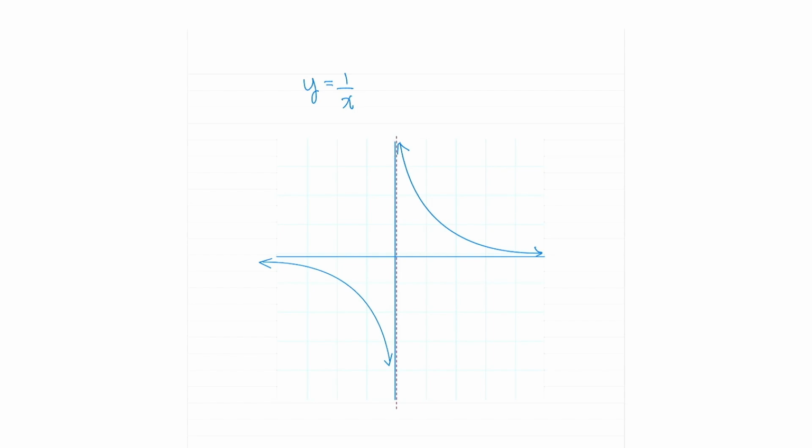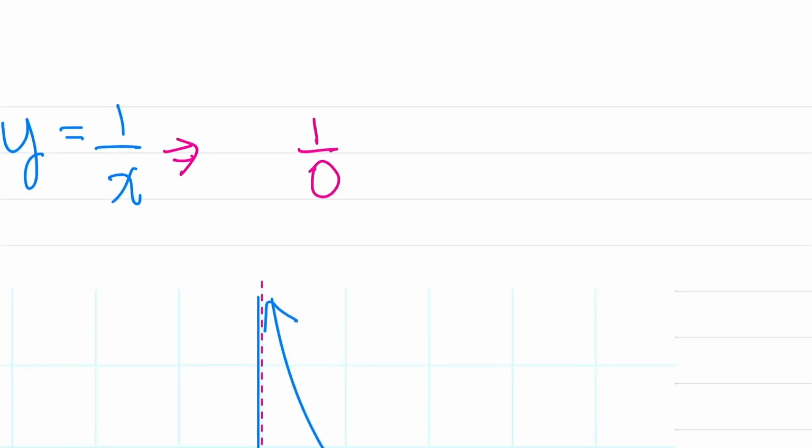So this is not a continuous graph. That is because if we were to plug in a 0 where the x is, our output would be 1 over 0. And we are never allowed to divide by 0 in math.